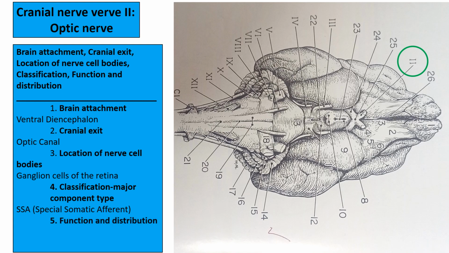Then in terms of its function, of course, the function is just vision, and it is distributed within the eyeball in terms of where it is receiving its impulses, which is the light stimulus. So that is about the various aspects of the optic nerve.